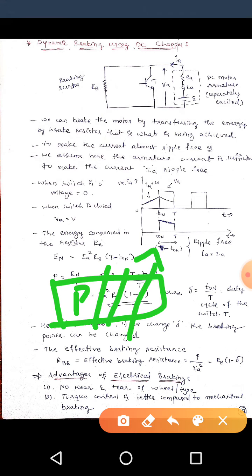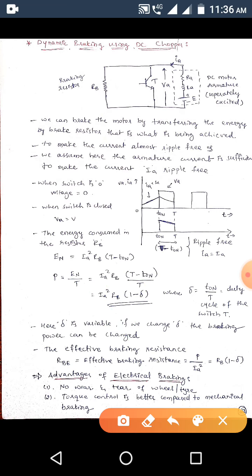Now if the power is changed in the motor here, then the torque is also changed, right, because both are in the same phase. Then the effective braking resistance, which we have here, will be written as RBE is equal to P divided by I square.